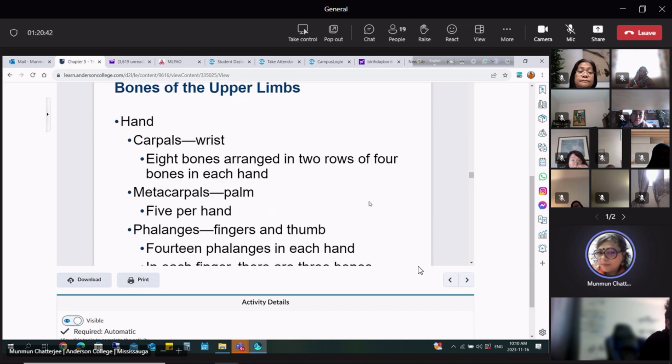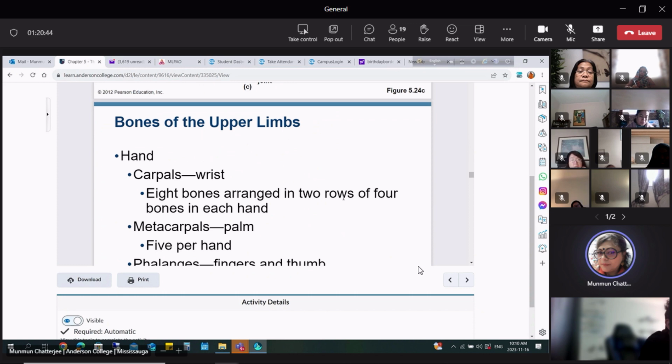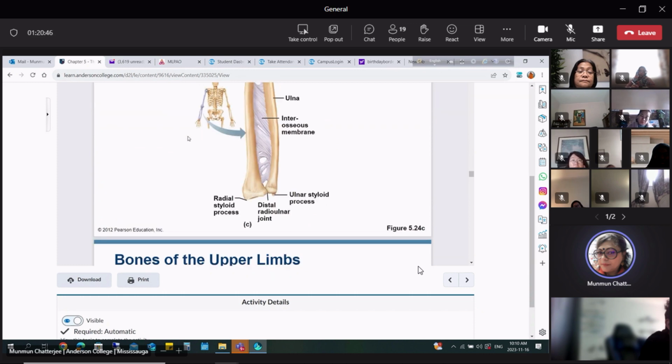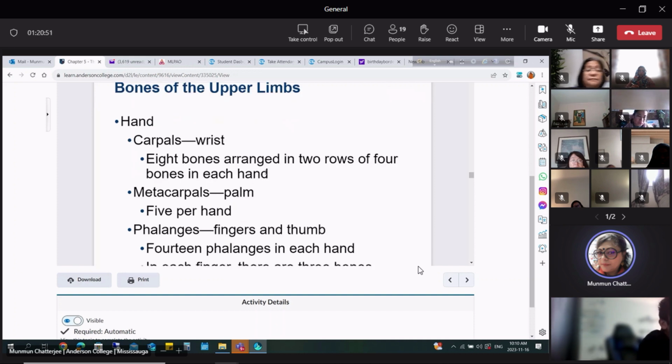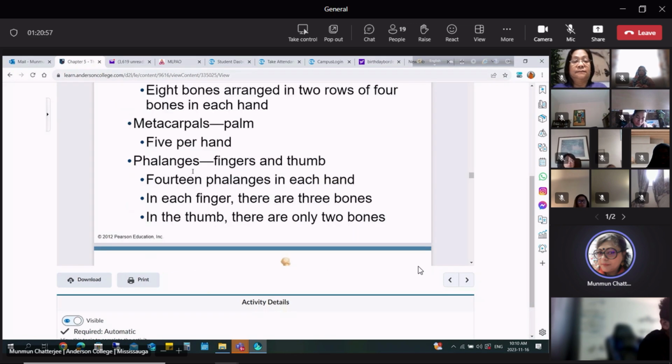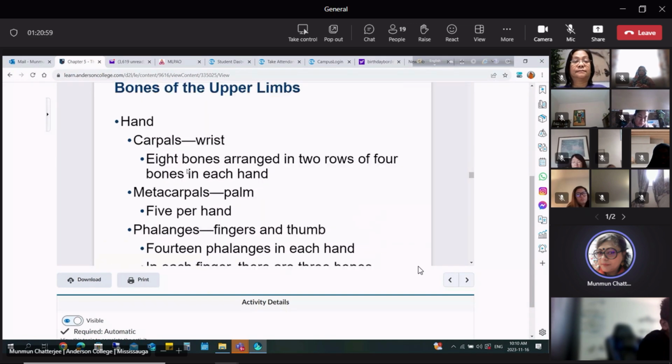Now the hand, we have small bones. Remember we have told you about the small bones. In the hands we have carpals, metacarpals and phalanges.